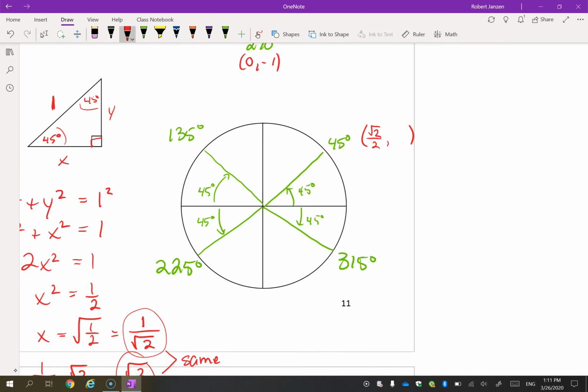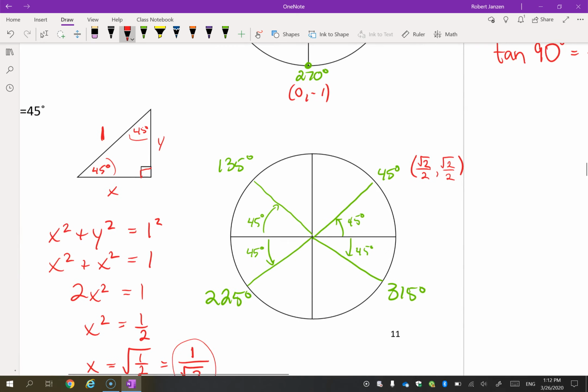And remember that x and y were the same, so they would both be root 2 over 2. Now, going into quadrant 2, what are they? Well, here's the great news. They're exactly the same, because they have the same reference angle. What's different? In quadrant 2, x is negative.